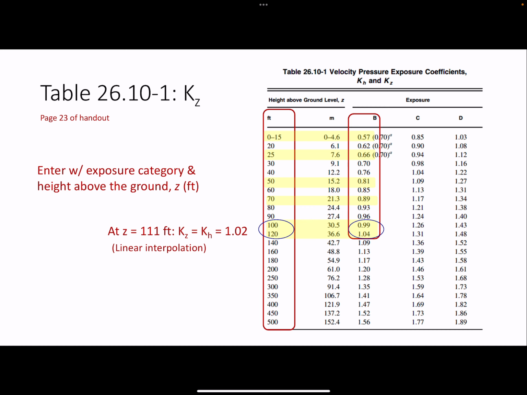As you can see, the best case scenario, the one that gives the lowest KZ values, is exposure B, like we talked about before, and exposure D is the worst. As I mentioned before, if you fall in between any values, like at the mean roof height for this structure, 111, we fall in between the table values, so you would just apply linear interpolation to get the 1.02 exposure coefficient.